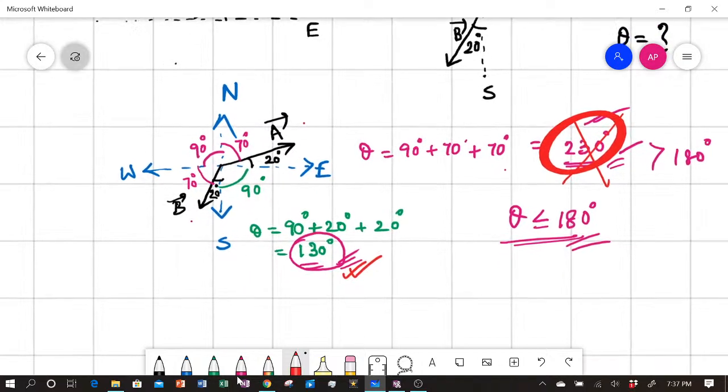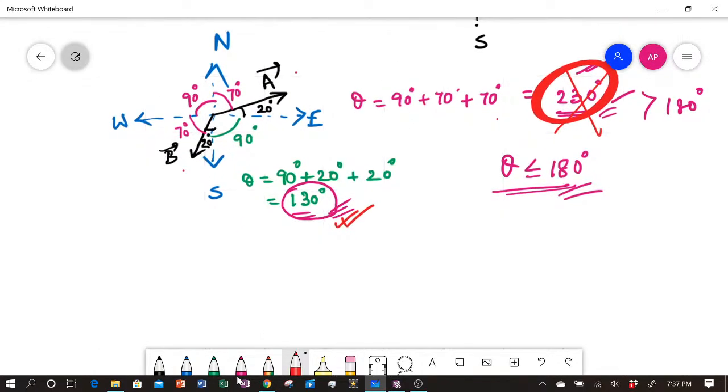But in some cases, suppose sometimes you are asked to calculate the angle of a vector from a specific axis. Okay, suppose you are asked to calculate, if this is x-axis and your vector is here.